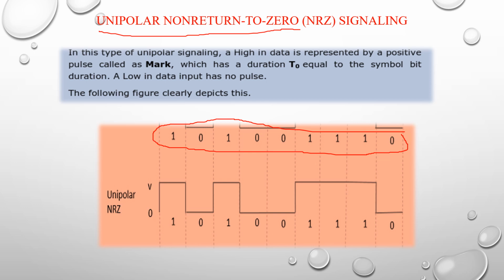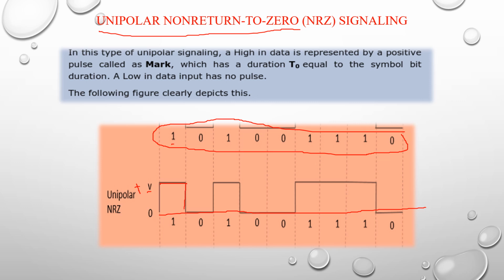This is the zero line or reference line, and this is the positive voltage level V. In unipolar non-return to zero technique, 1 is equal to the positive voltage level, and 0 is equal to the reference value. So this is the marked line.